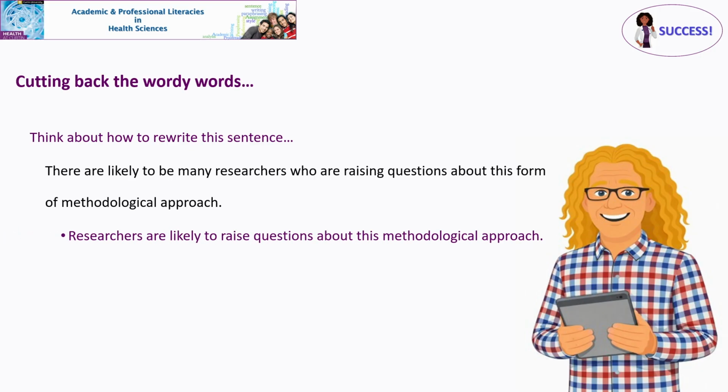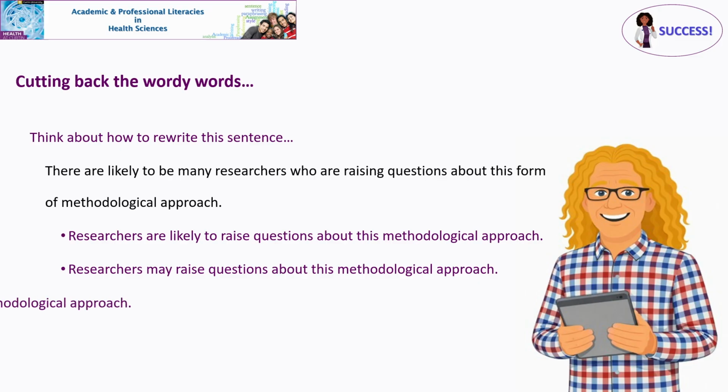Yes, let's stick the researchers at the beginning. Researchers are likely to raise questions about this methodological approach. Far clearer. We could say researchers may raise questions about this methodological approach, or researchers may question this methodological approach. Okay, three different ways. In each case, we're even reducing the number of words more.